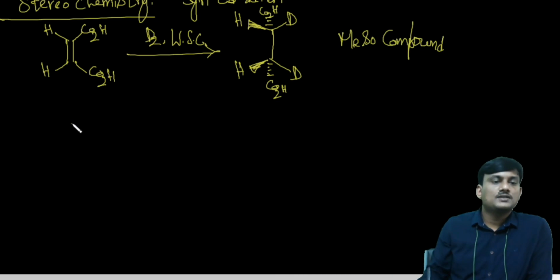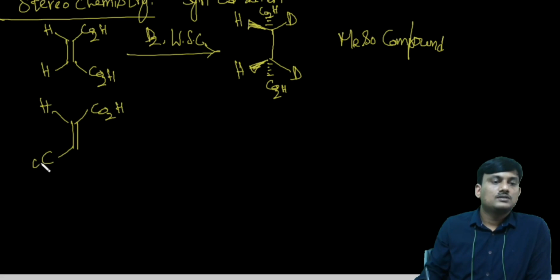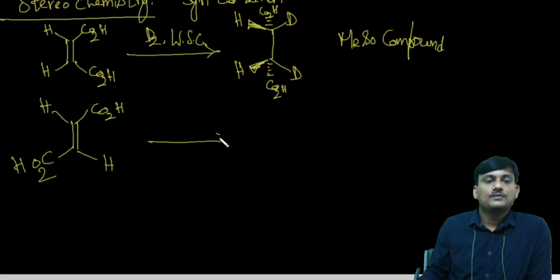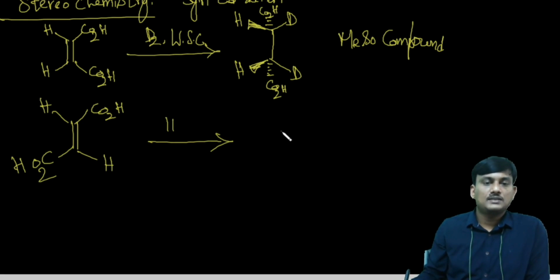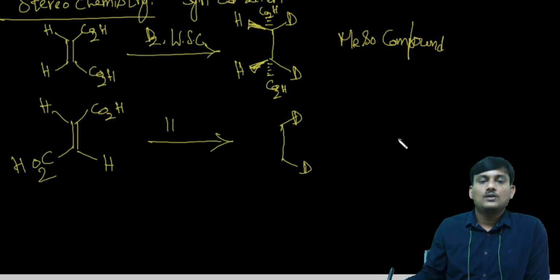Suppose you take trans fumaric acid, with CO2H, H, CO2H, H, this one is trans. Under similar conditions, here there is a formation of a racemic mixture. When deuteriums attach to the C=C from this side, you will get D, and also from the other side there is a possibility of attaching of D's.